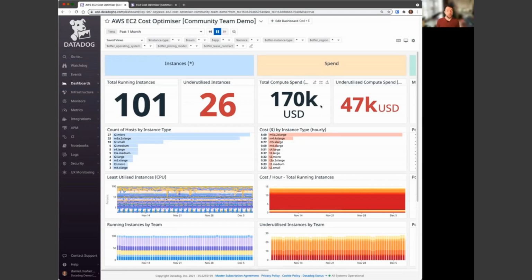Look at that total compute spend, estimated at $170,000 US a month, which is a moderate spend as these things go. But you extrapolate that out, and that means $47,000 US just on underutilized instances alone. It's getting thrown away, with all of those related things we talked about, all those bad things about wasting money, how we can do other things with the money, and the security posture and so on.